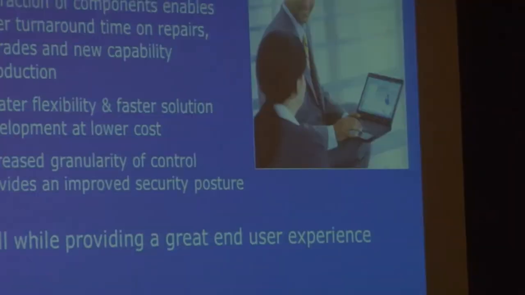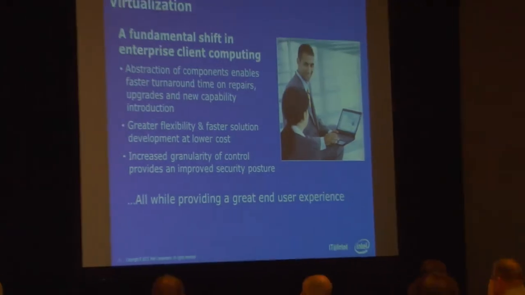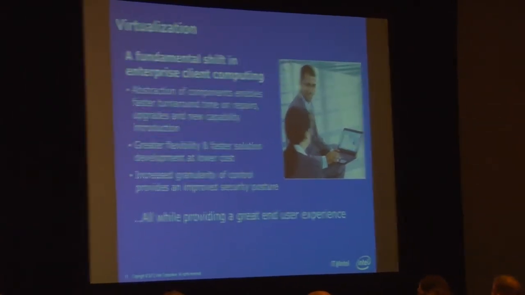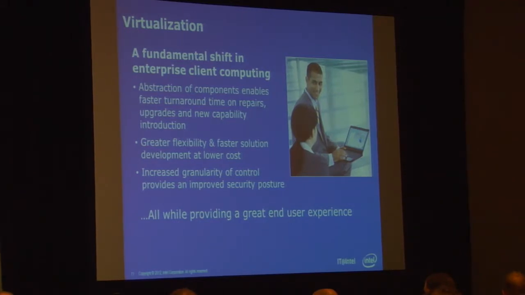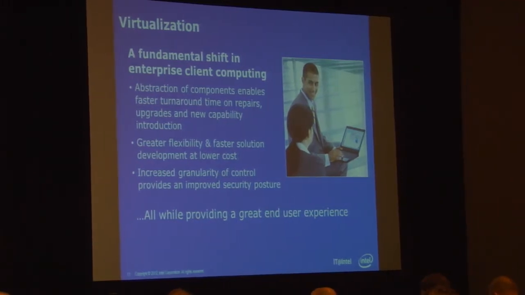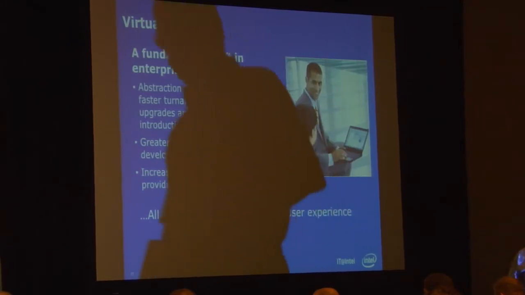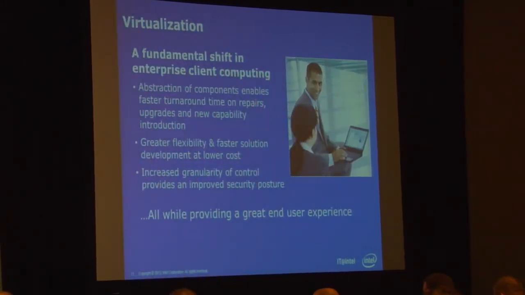We're trying to abstract all the components that deliver a user workspace, and that allows us to do a lot of things, like fast turnaround time on repairs. So for example, if your content is in the cloud and your apps are virtualized and all that stuff, if a user wants to get a new PC, you give it to them, they turn it on, and all of their stuff is going to sync to them automatically in the background. So you get them back up and running very fast.